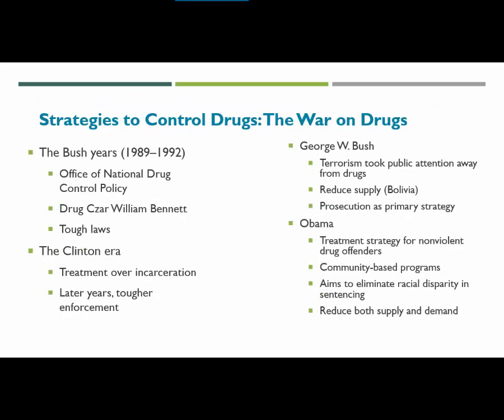After Reagan came George H.W. Bush Sr. This is 1989 to 1992. He expanded, once again, government oversight as it related to drug use and abuse by creating the Office of National Drug Control Policy.